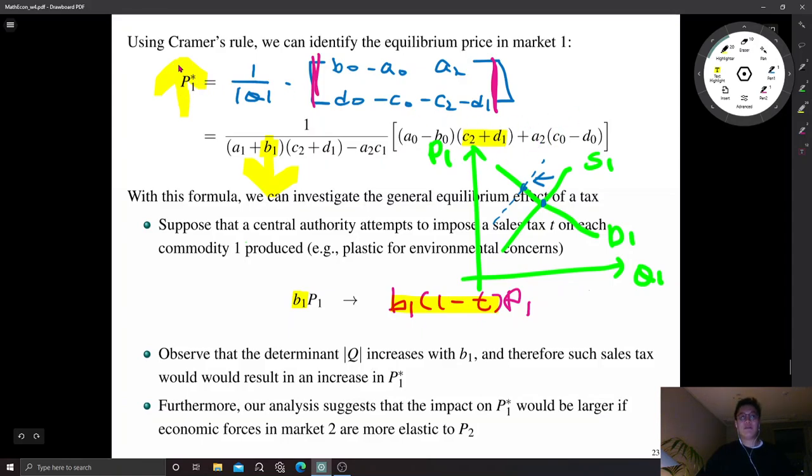So the increment of P1 would increase. On the other hand, if the second market is less sensitive to change in price, so economic forces, demand and supply, are less sensitive to price change in market 2, so C2 and D1 take a small number, then the increment in price will be smaller.